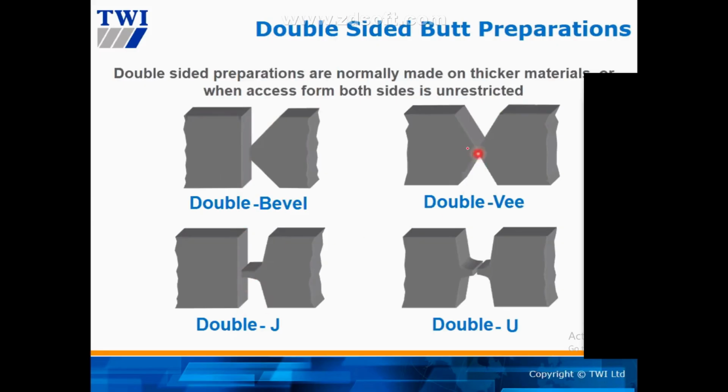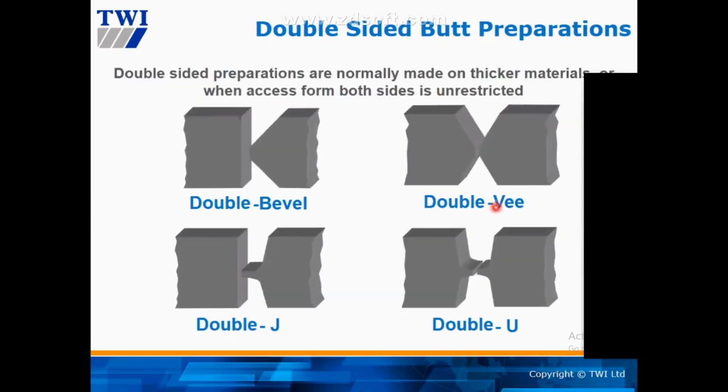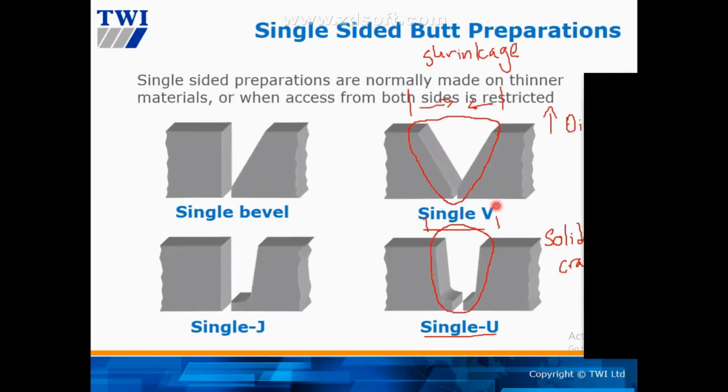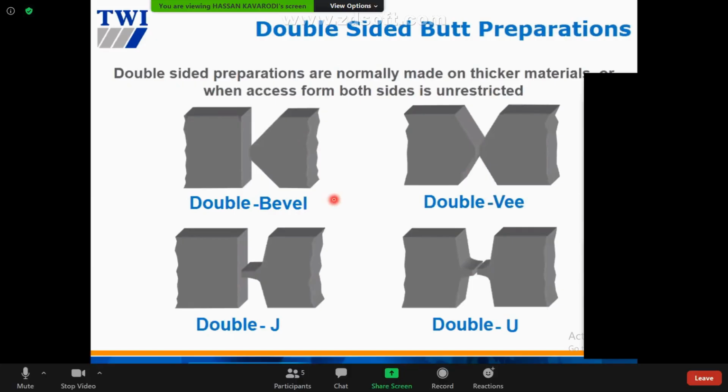Then we have double V, top and bottom V, and top and bottom U. If we are comparing single V and double V, which one is easy to weld? Write down your answer in the chat box.